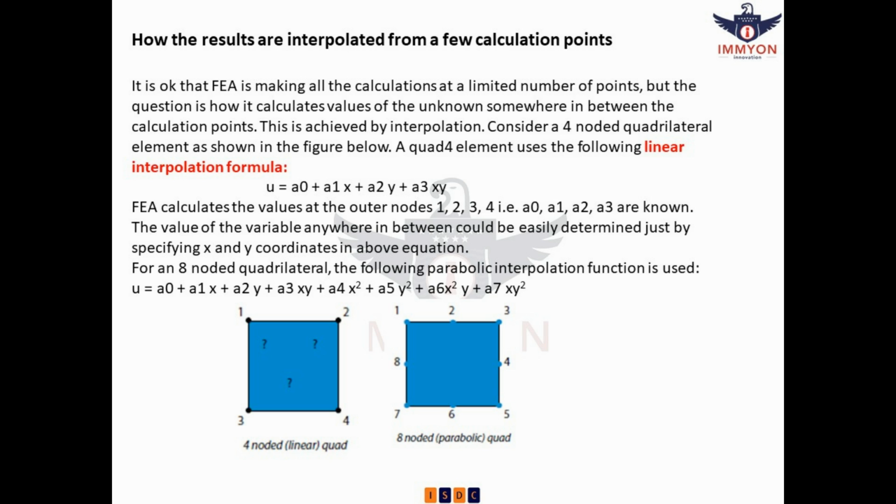The value of the variable anywhere in between could be easily determined just by specifying x and y coordinates in the above equation. For an 8-noded quadrilateral, the following parabolic interpolation function is used: U equals A0 plus A1x plus A2y plus A3xy plus A4x² plus A5y² plus A6x²y plus A7xy².